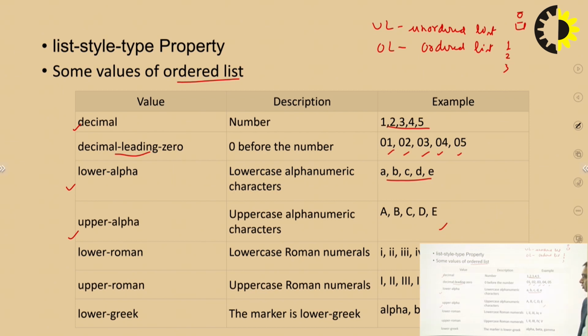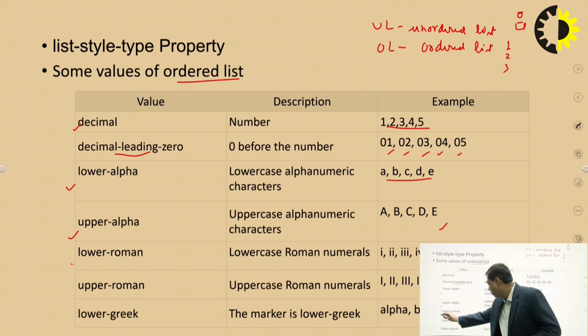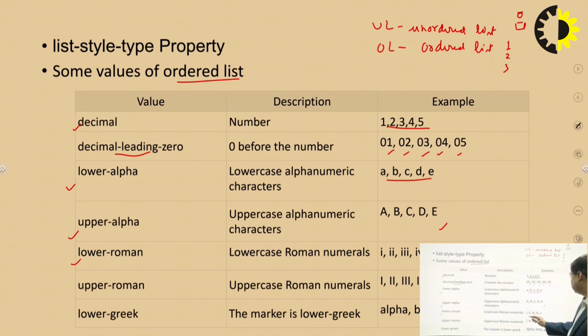And we can use Roman letters also for the listing. If you are using lower-roman, it will display the Roman letters in lowercase. If you are using upper-roman, it will display the Roman letters in uppercase. So we can use numbers, alphabets, as well as Roman letters for our listing.